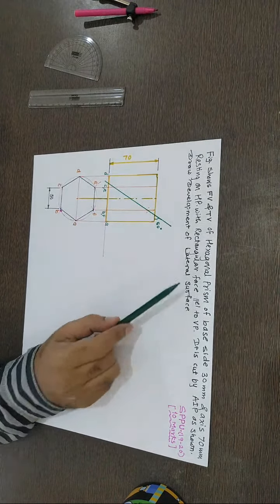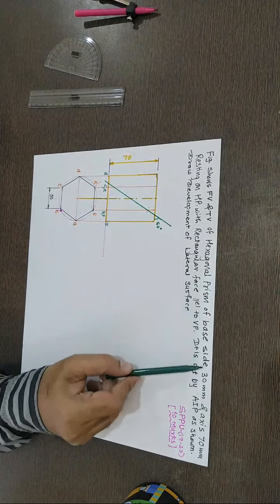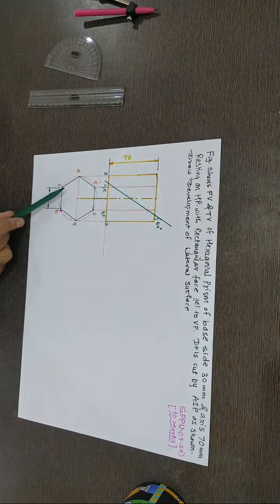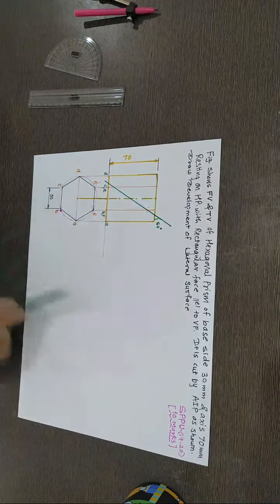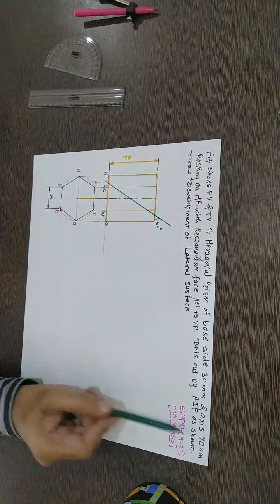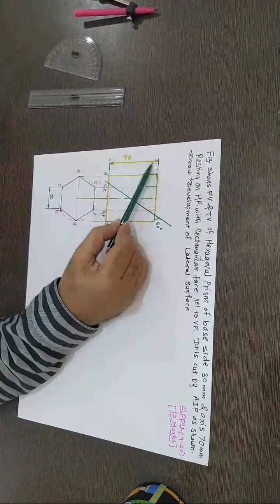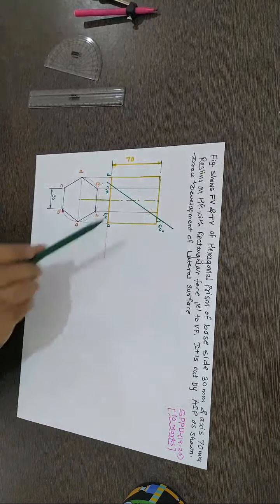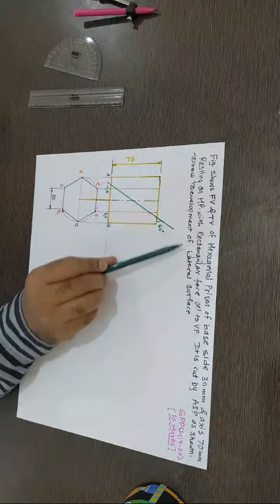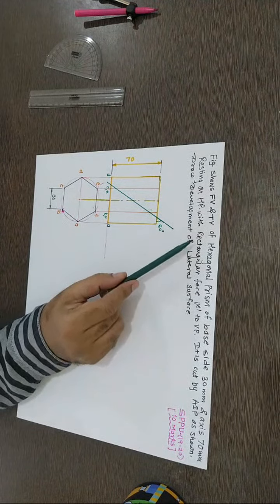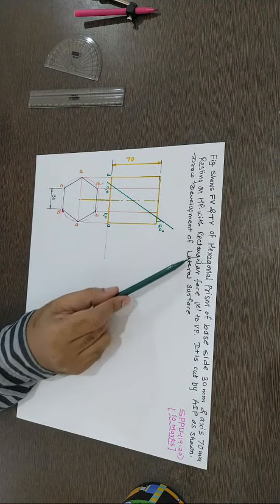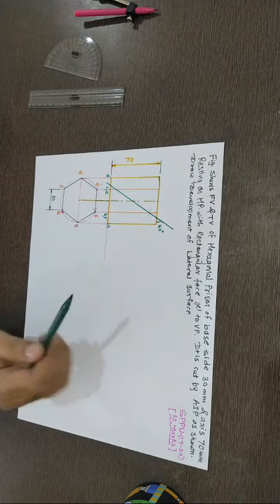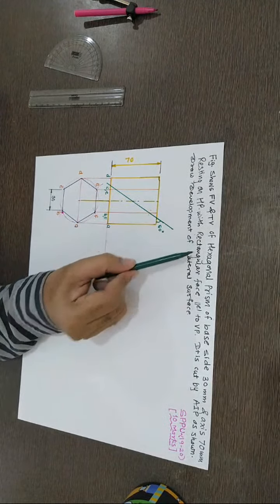So, front view and top view of a hexagonal prism of base 30. This is a hexagonal prism with base 30, axis height 70 mm. This is the axis height of the prism, which is 70, resting on HP, same problem, but with a rectangular face parallel to VP. That's an additional condition.